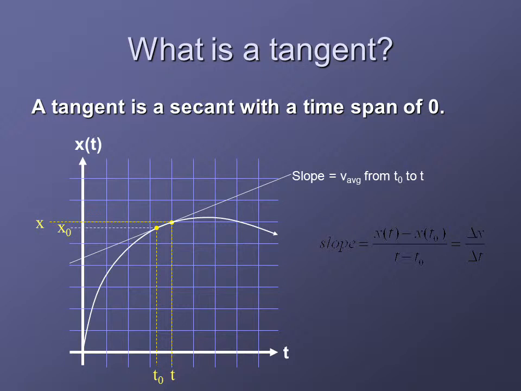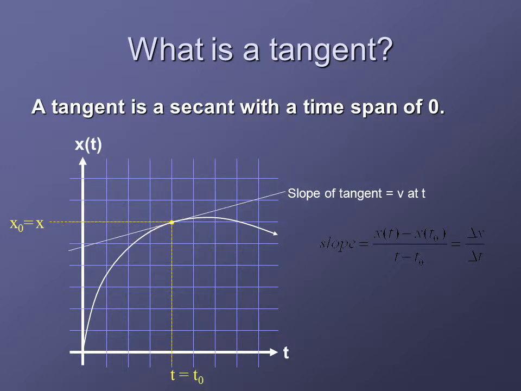But what if your rise is 0 and your run is 0? In other words, what if you've made this span so close that your two vertical coordinates are equal to each other and your two horizontal coordinates are equal to each other?